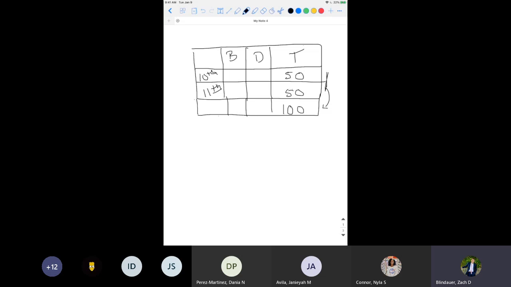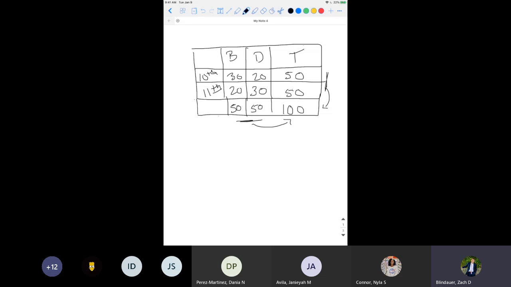For the 10th graders, 30 chose bowling and 20 chose dancing. And the other way around, it was 20 bowling, 30 dancing. Notice this goes 50, this goes 50, and 50 plus 50 gives me 100.